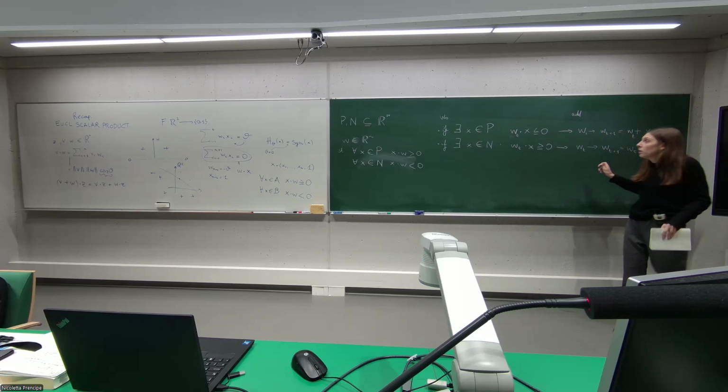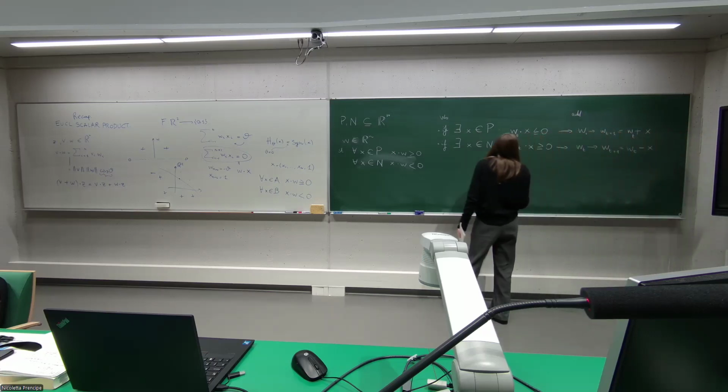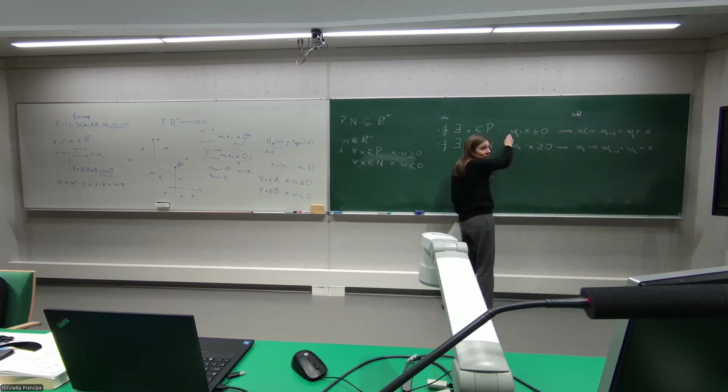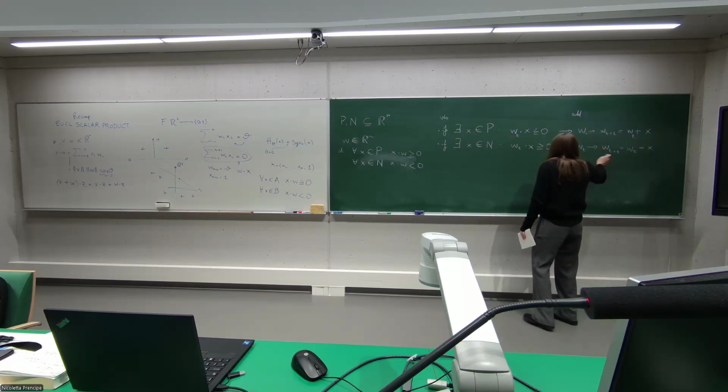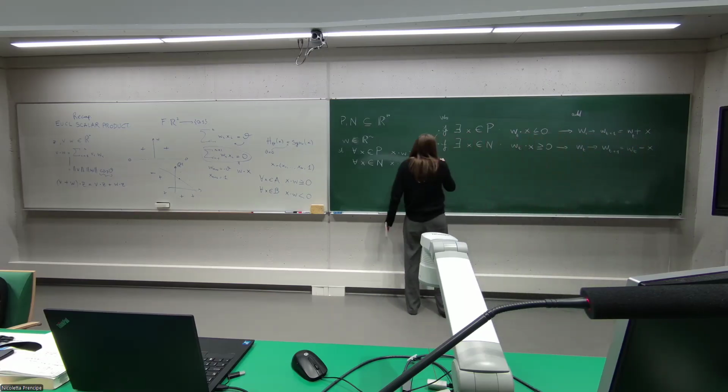What I mean is that my scalar product was negative. I want it to be positive, so let me show that I'm actually increasing it, or decreasing in the other case. Let's consider this case.